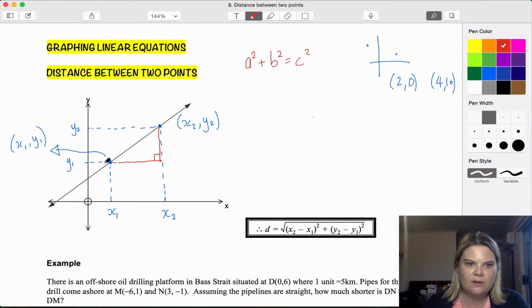You might recall this length is just going to be this number, take away this number. So let's put it in as x2 minus x1. This length here is going to be the y value y2 minus y1.